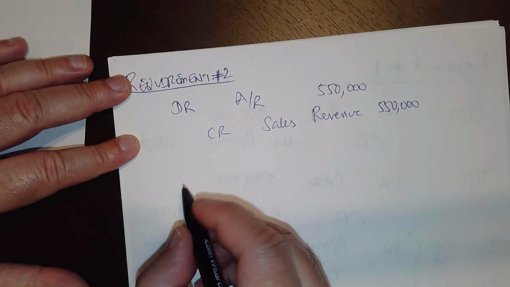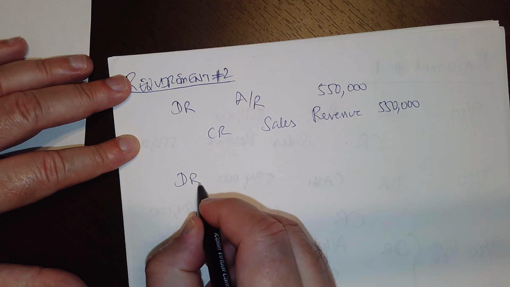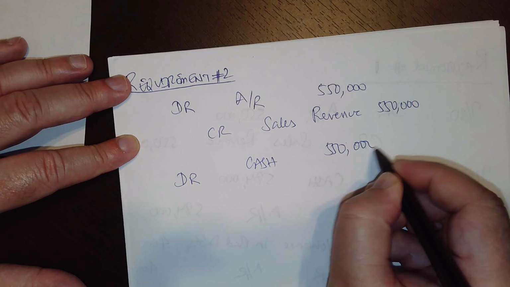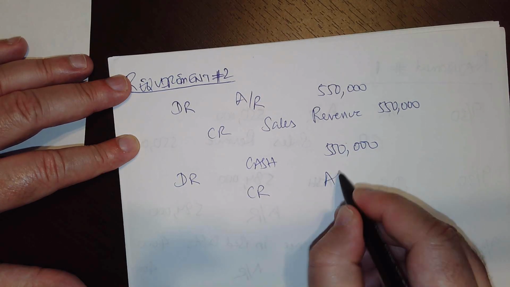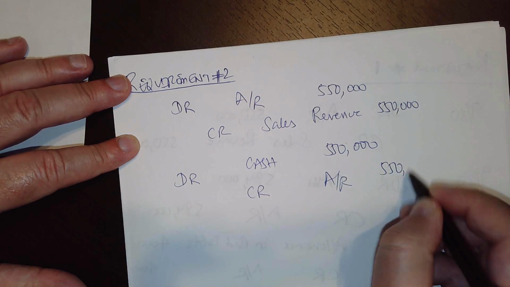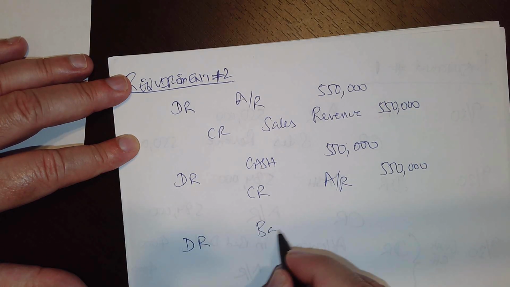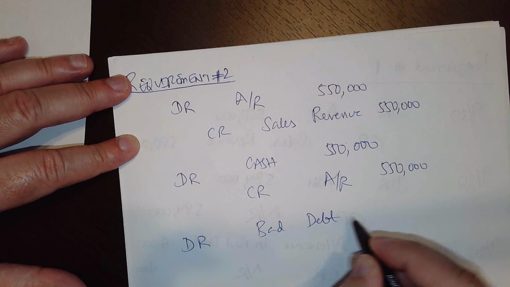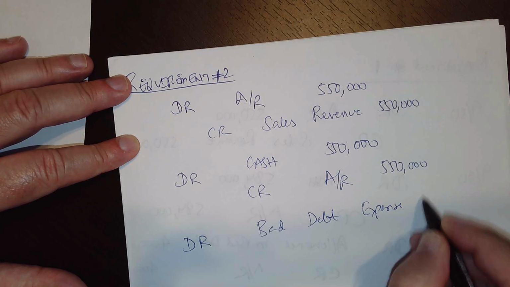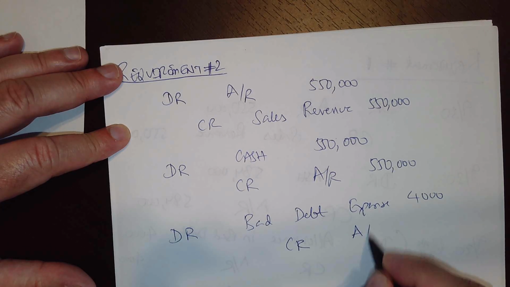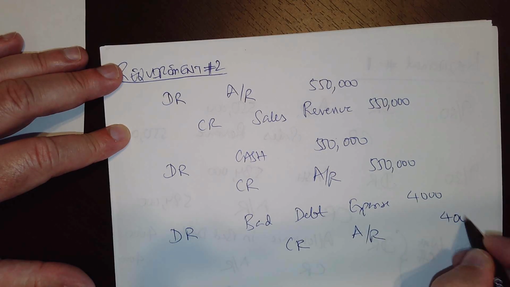Then we have a collection, so we debit cash for $550,000 and credit accounts receivable for $550,000. And we have a bad debt expense of $4,000 because we wrote off accounts receivable worth $4,000.